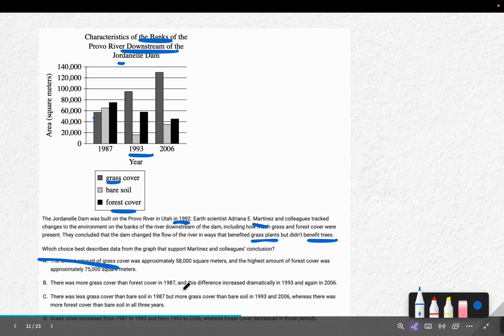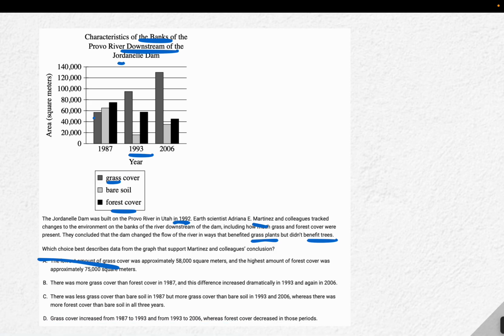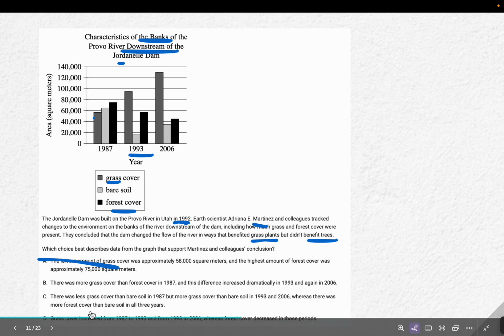Choice B is incorrect because it presents an inaccurate description of the data from the graph. It shows that there was no more forest cover than grass cover in 1987, not that there was more grass cover. Choice C is incorrect because it compares the grass cover and forest cover to bare soil.